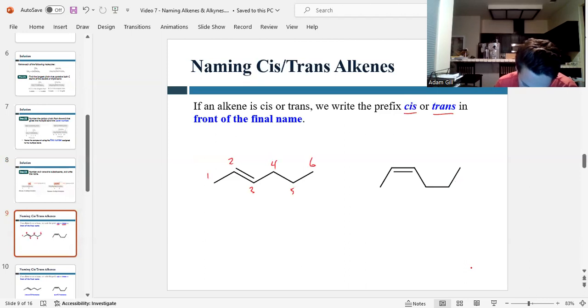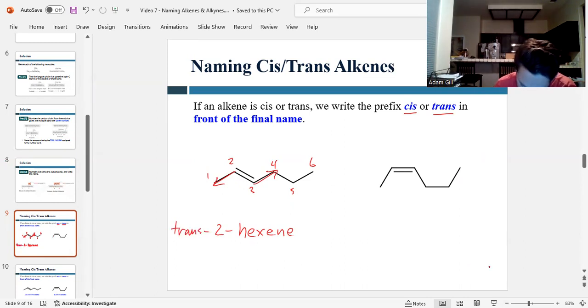So it's hex, and there's a double bond, so it's hexene. And we can see that the double bond starts at carbon 2. So this is 2-hexene. And we see that the carbon chains are on opposite sides. So this would be trans-2-hexene.